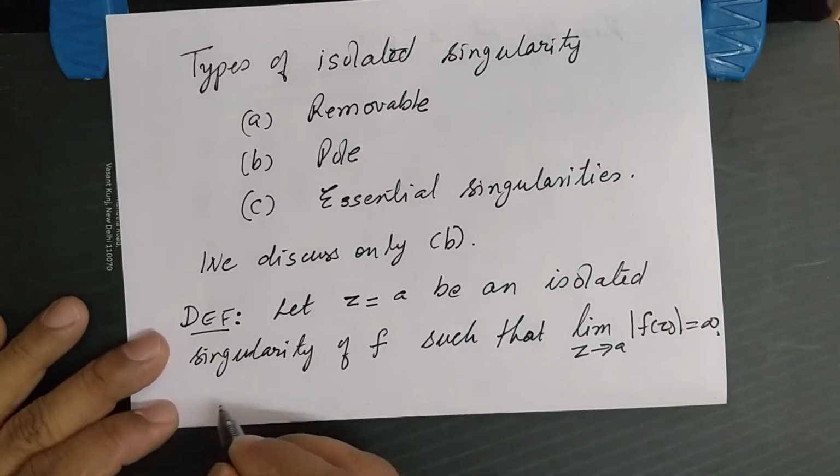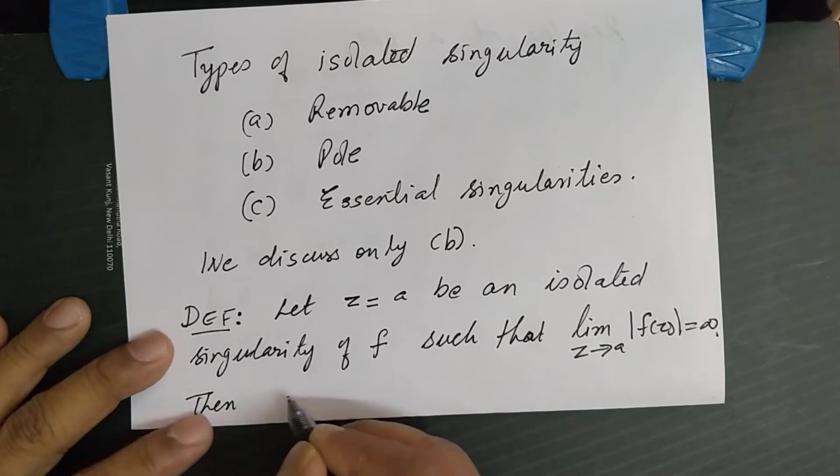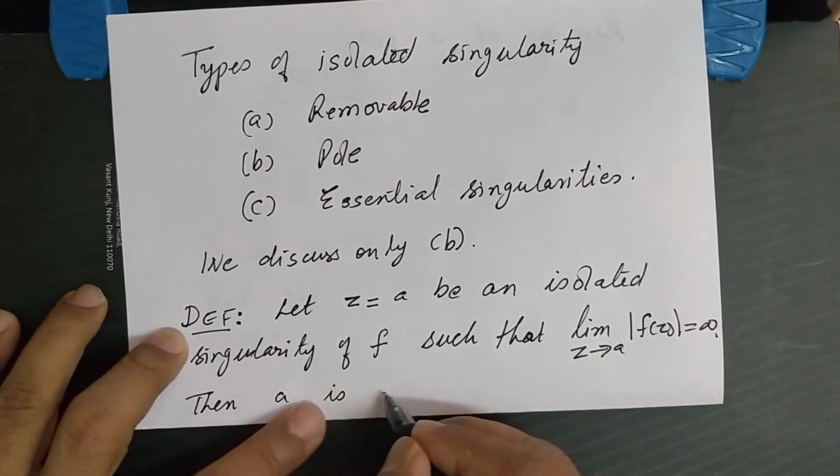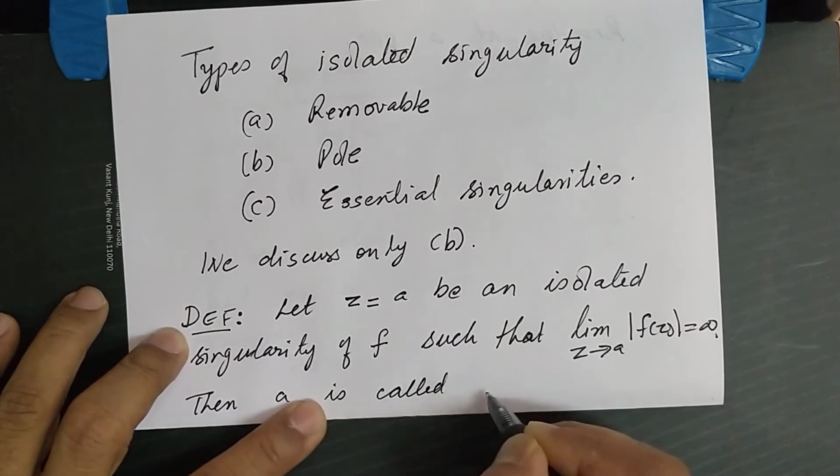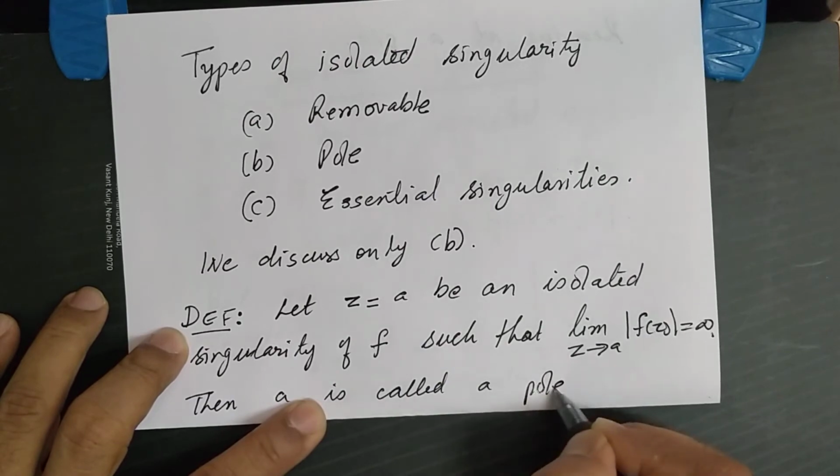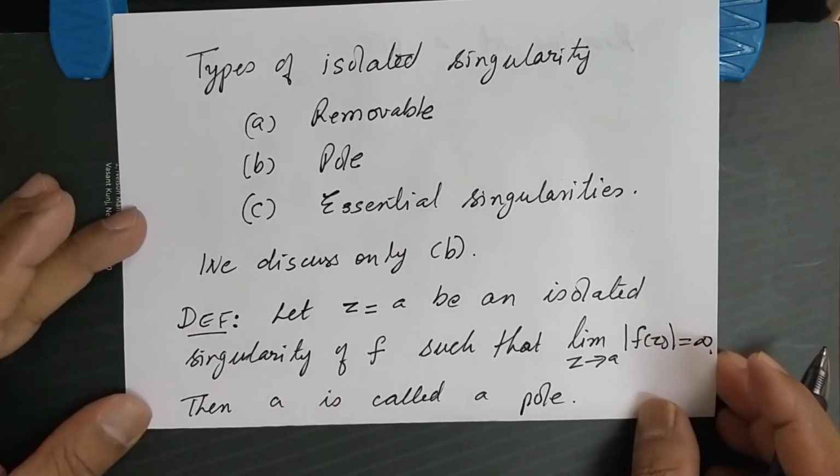So if this happens, then A is called a pole. Okay.